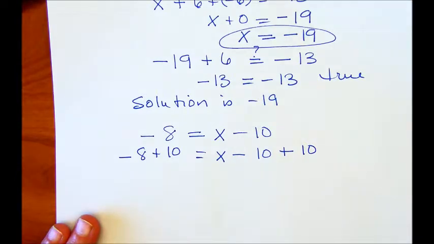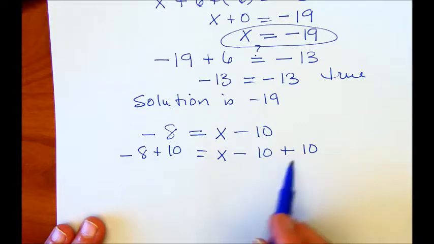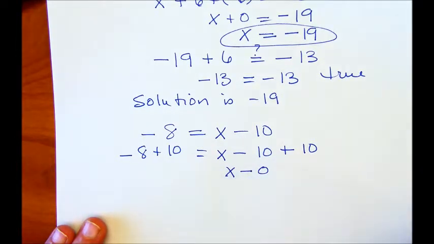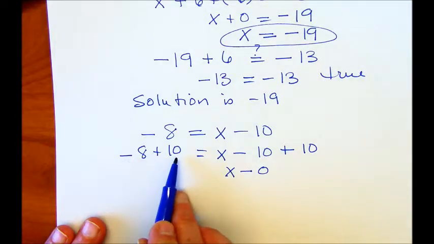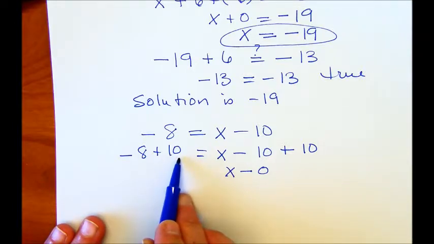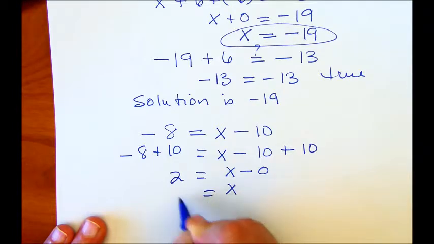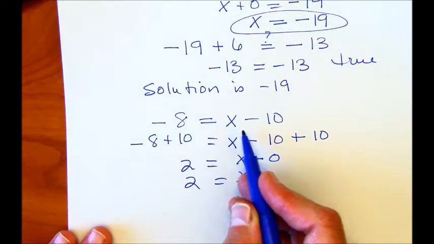Now, of course, negative 10 plus 10 is going to give me 0. And then here, negative 8 plus 10, we're really subtracting. It's going to be a positive because this is the higher number, so we've got 2. So x equals 2. Now, to check our solution, we're going to plug it in and then evaluate.